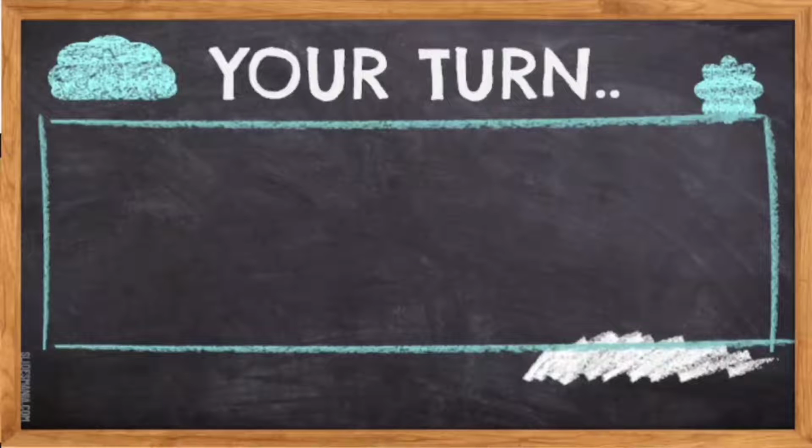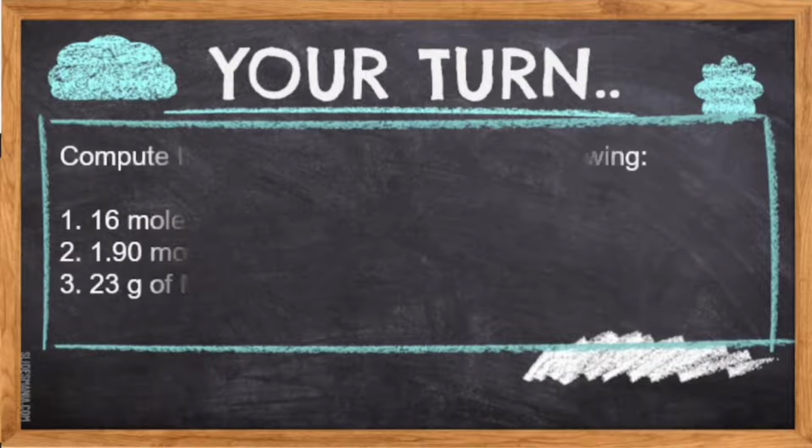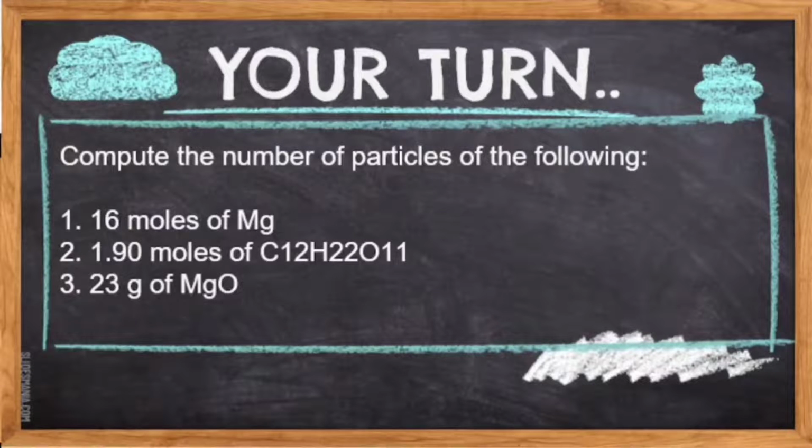Now it's your turn, learners. Try to compute the number of particles of the following. Number 1, 16 moles of magnesium. Number 2, 1.90 moles of glucose, or C12H22O11.